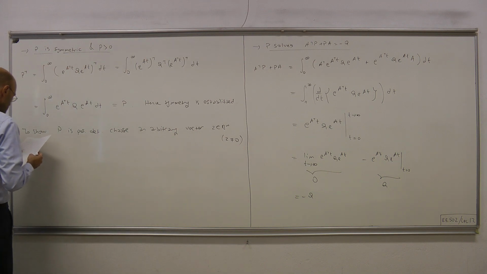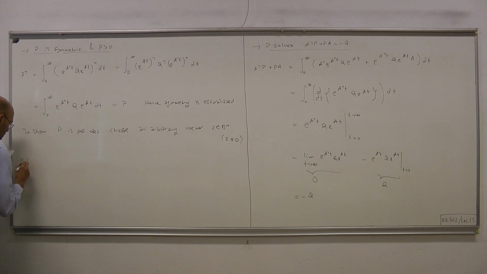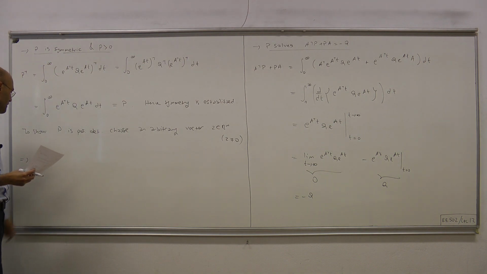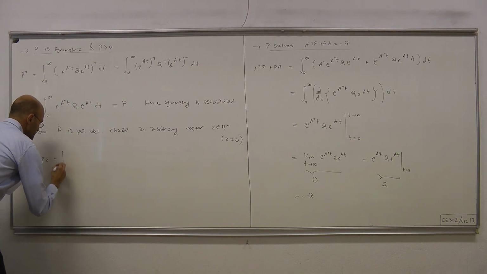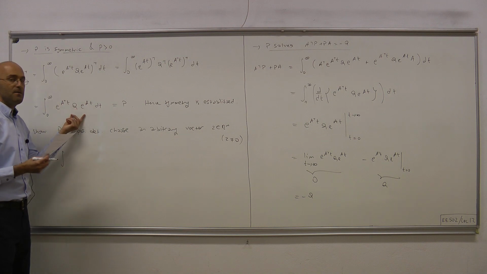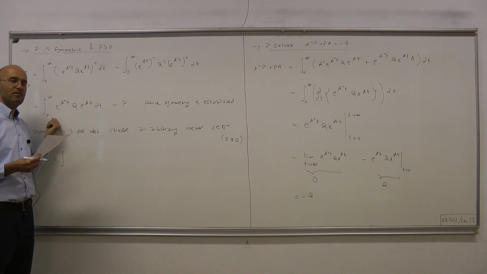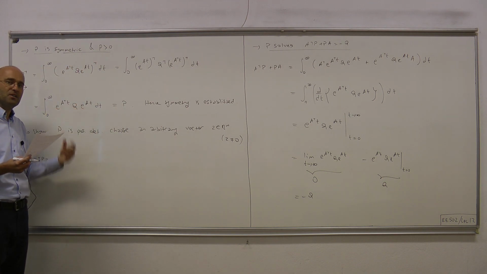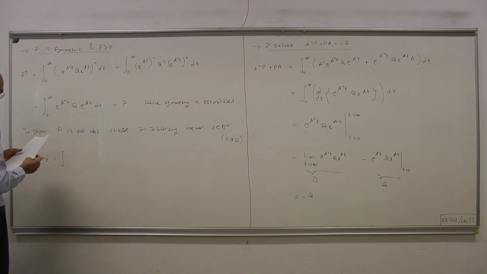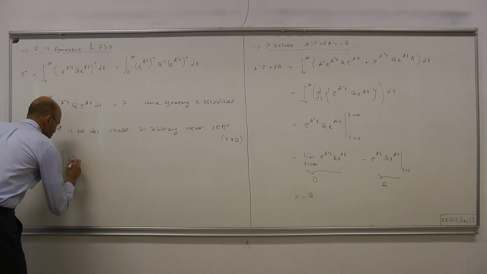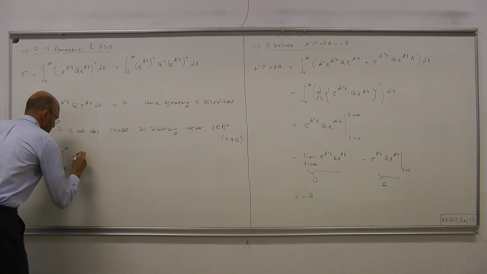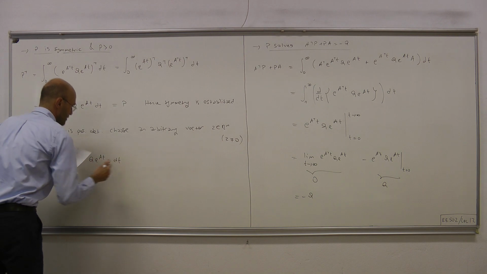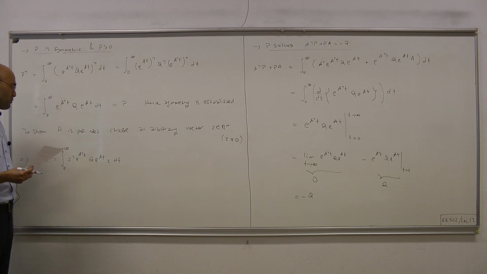So let's look at z transpose Pz and try to say something about its sign. So this is P, and then we multiply this integral from left and right by z transpose and z. z is a constant vector, therefore we can put that inside the integration, and this is what we have then: z transpose e to the A transpose t Q e to the At z dt. So that's z transpose Pz.